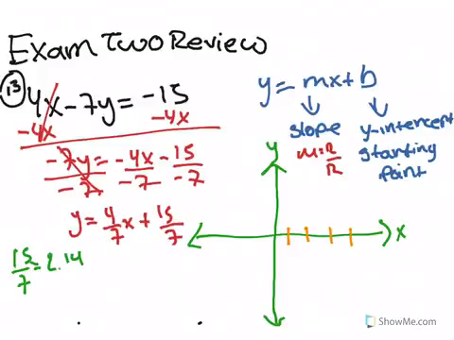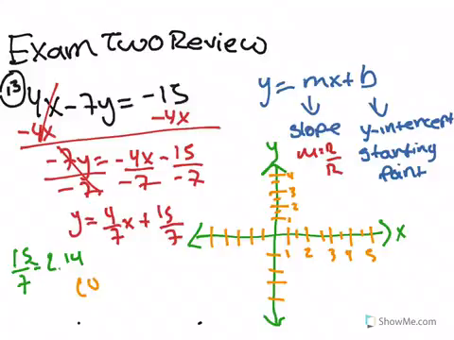I'm going to put my numbers in my line. 1, 2, 3, 4, 5. Halves. 1, 2, 3, 4. Okay, so my y-intercept is 0, 15 over 7.